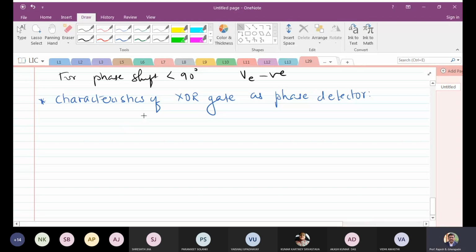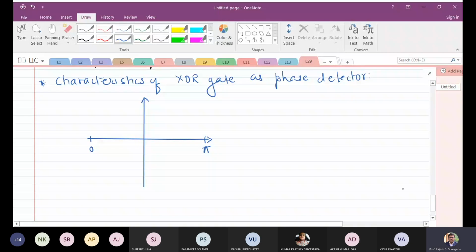So if I draw, I want to understand the characteristics. Let us say I start with 0 and here you have pi radians, that is 180 degrees.